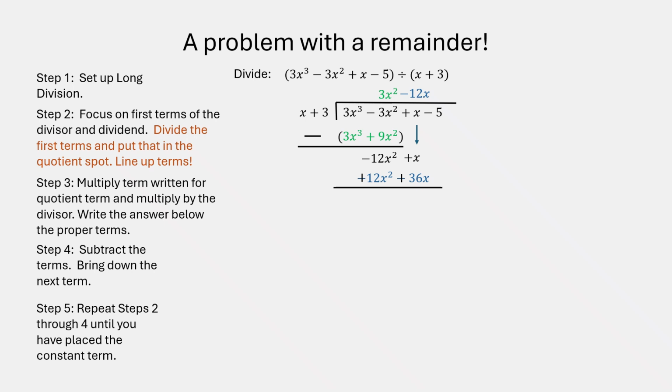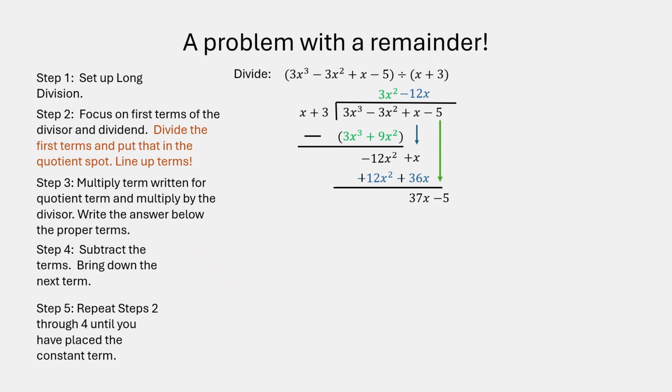So let's go ahead and combine our like terms. Those cancel out. X plus 36x is 37x. And then what do we do? We drop it down. So we got that minus 5. We got to drop it down. That's the last term. So now let's deal with this. X goes into 37x how many times? Well, the only difference between x and 37x is there's a 37 in front of this one.